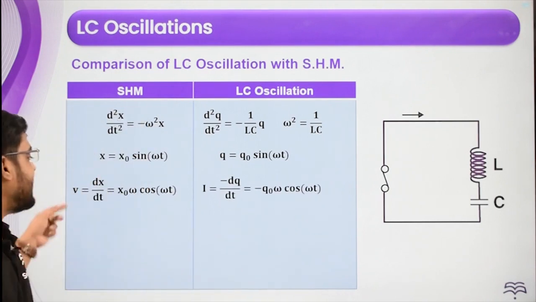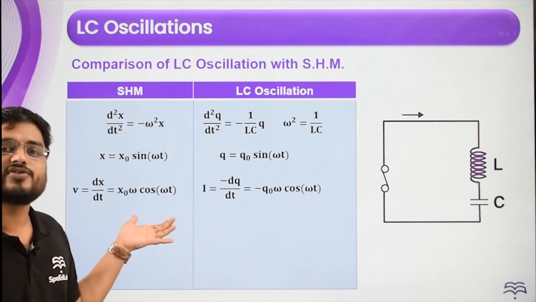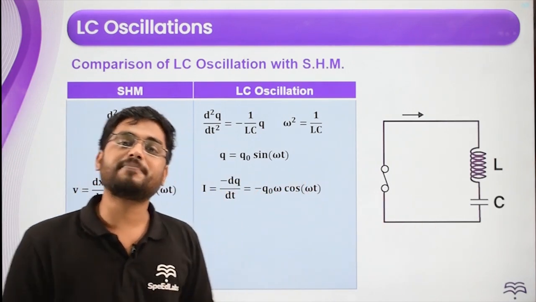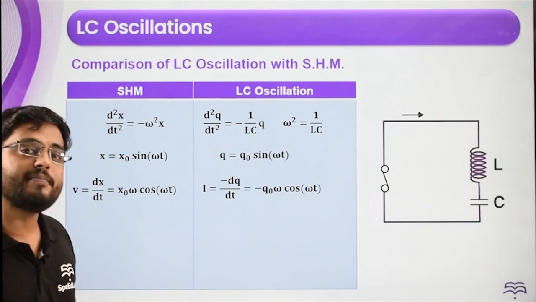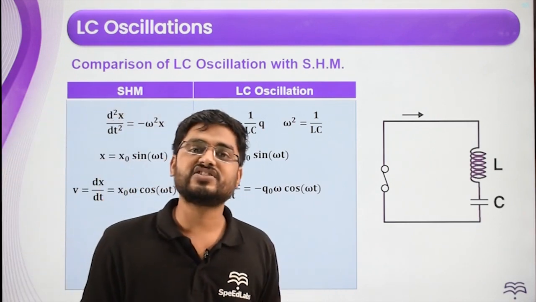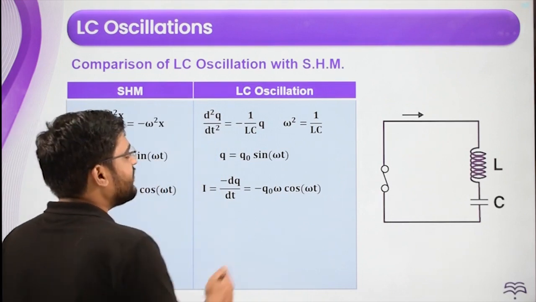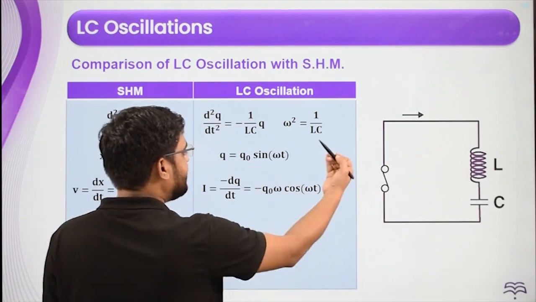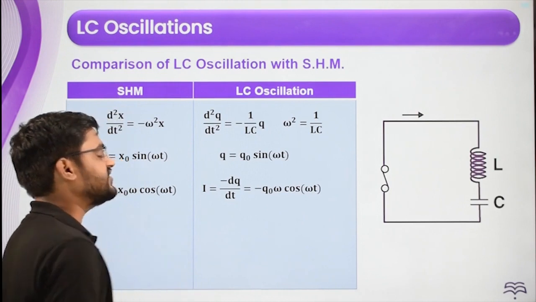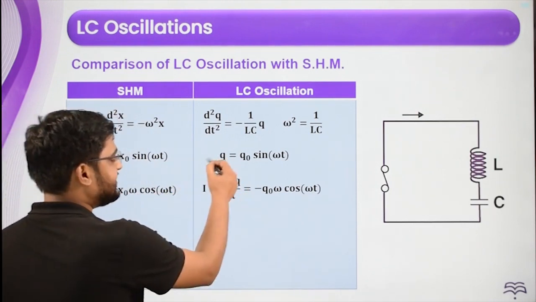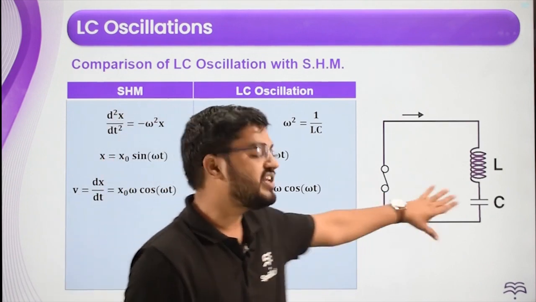Here, the expression for velocity was also an oscillation. Here the current is nothing but minus dq by dt. I am putting a minus because the change in charge is negative; charge on the capacitor is decreasing with time. So if we are saying that this is cos, then the differentiation will give a positive sign. Here I have used the differentiation as per the equation which says that charge is 0 initially on the capacitor.